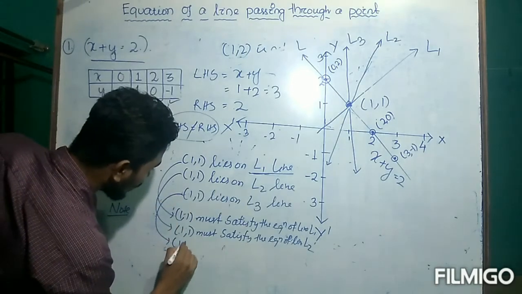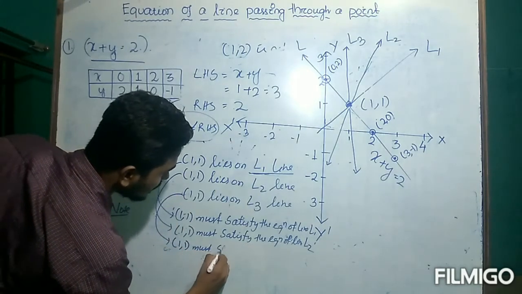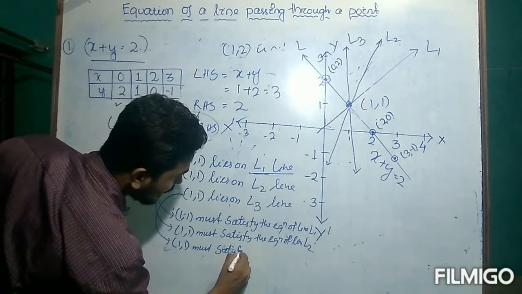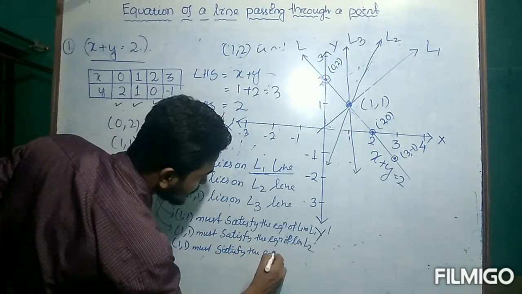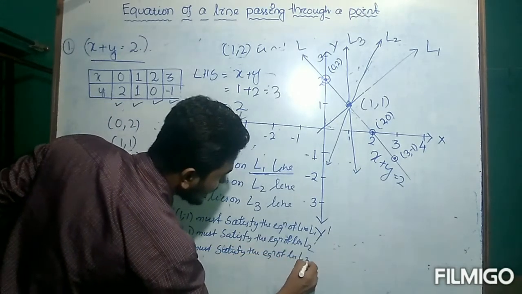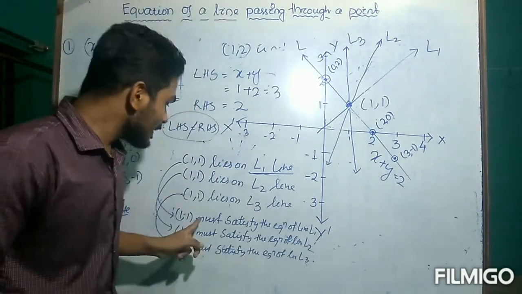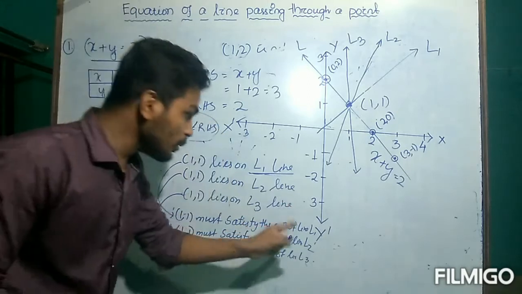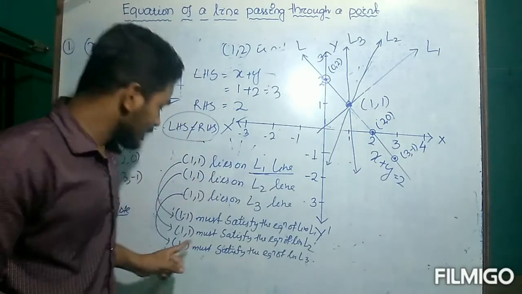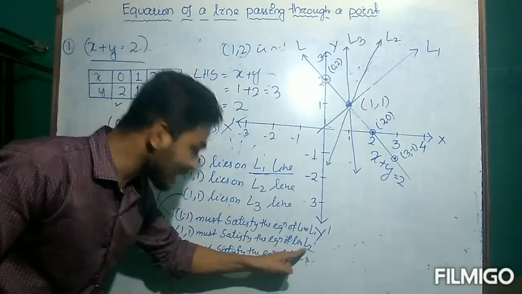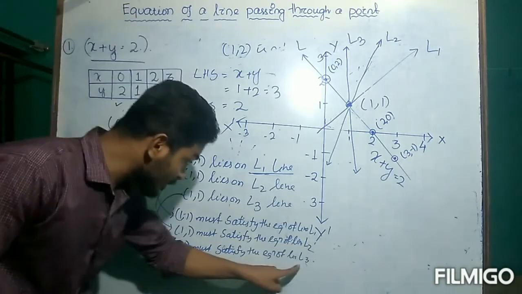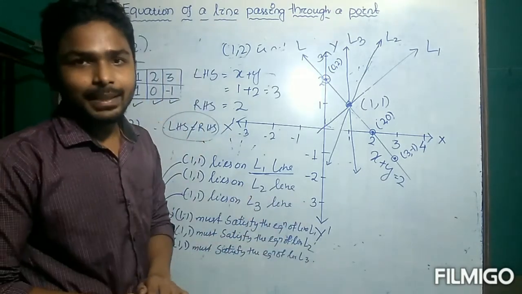Similarly, that point 1 must satisfy the equation of line L3. Okay, what is the meaning of satisfy? Satisfy means this point must be the solution of this equation. This point must be the solution of this line L3.